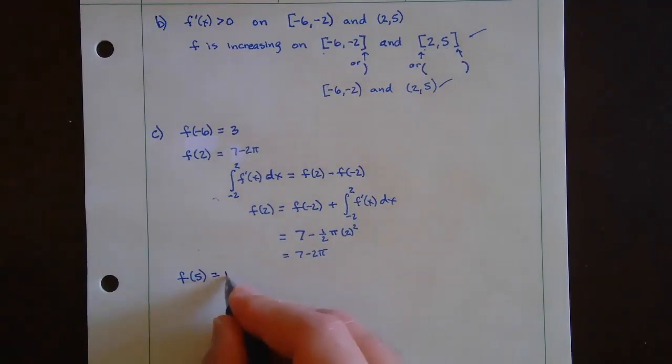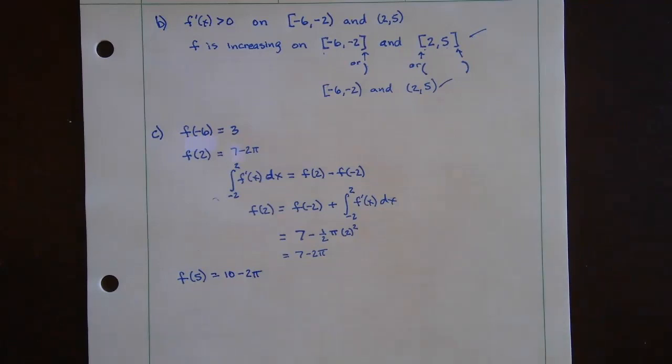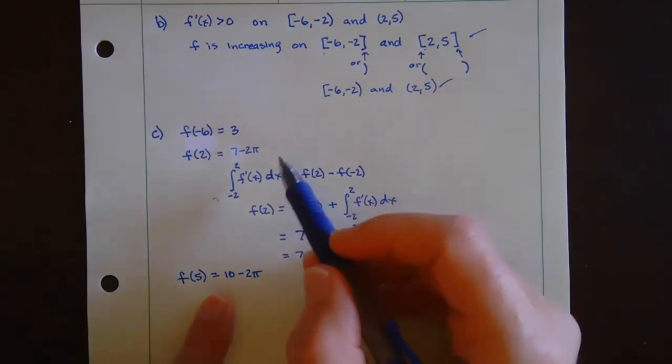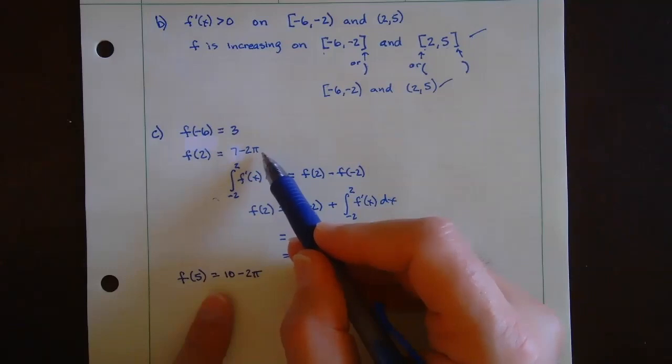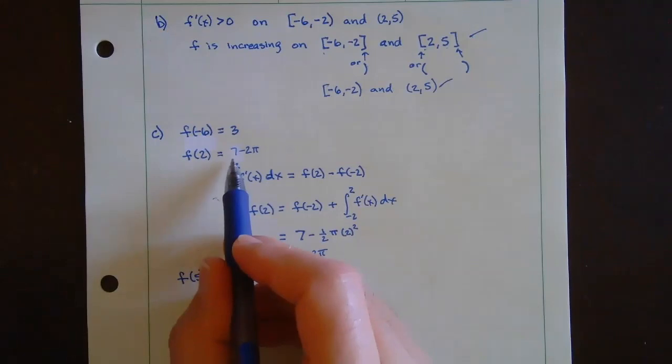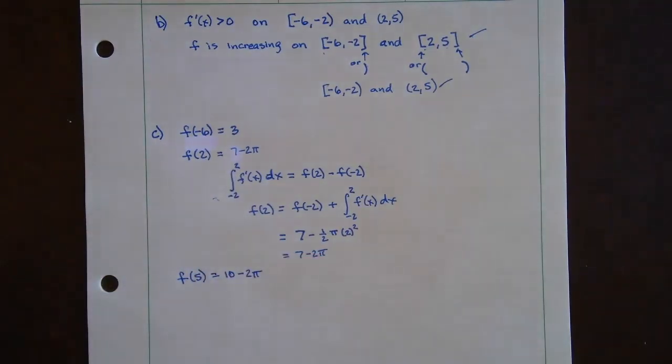If we're eyeballing this and pi is about 3, this would be 10 minus 2 times 3, which is 6. It's actually less than 6, but not by much. So that means this one has to be smaller. So this one is the smallest one, and that has to be the absolute minimum.